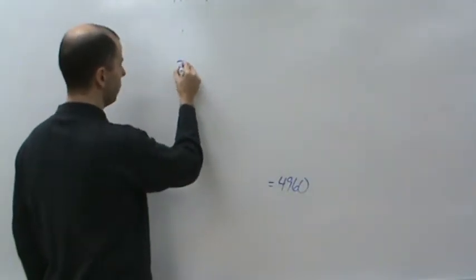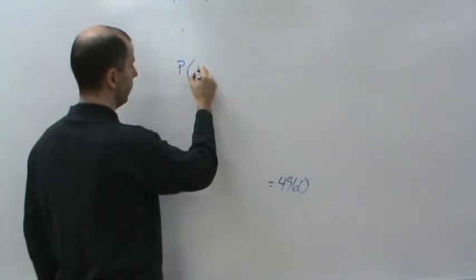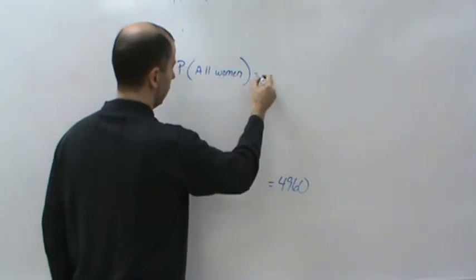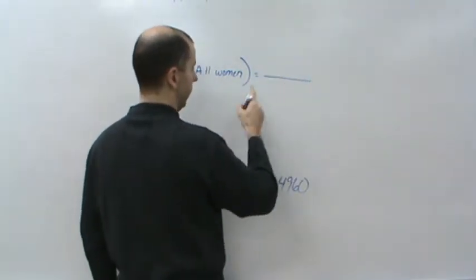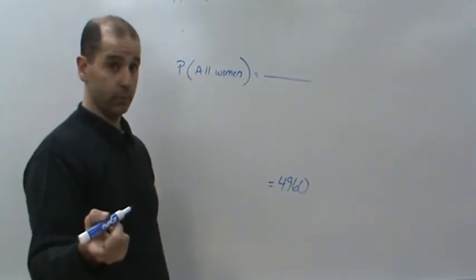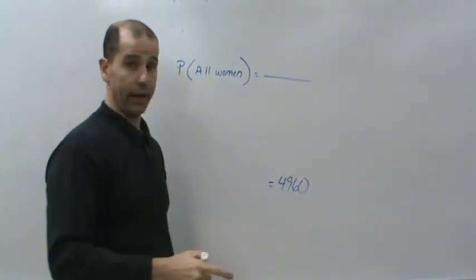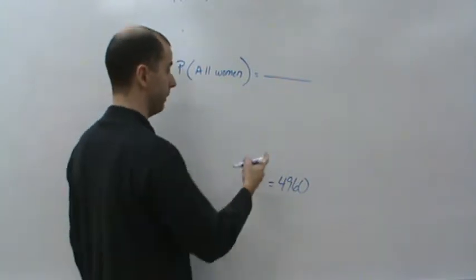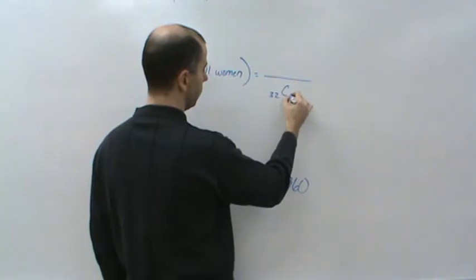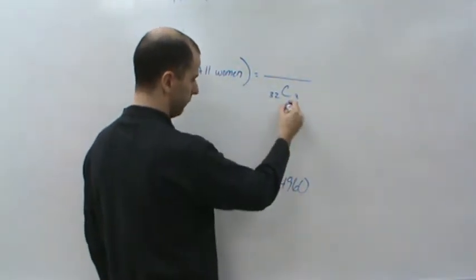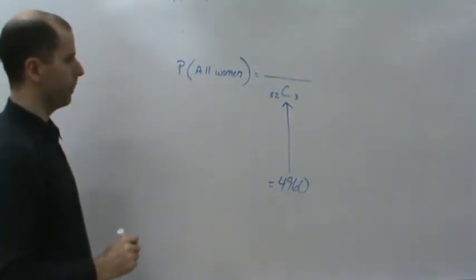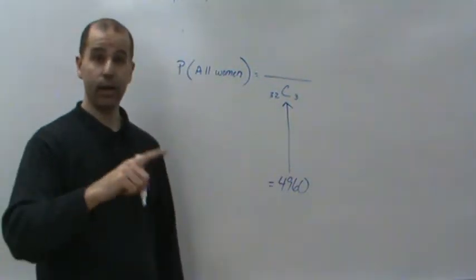So, the probability that all 3 people would be all women, well, it's going to be what? The number of ways of choosing all women over the total number of ways of choosing 3 people to go to the conference, right? So on the bottom, I know it's going to be 32 choose 3. That's what we got here, right?